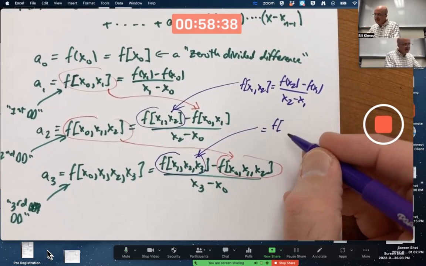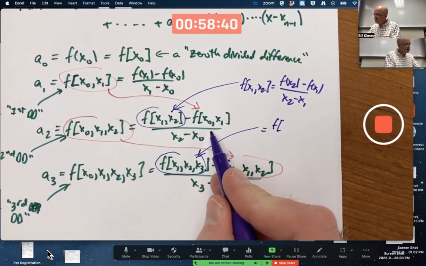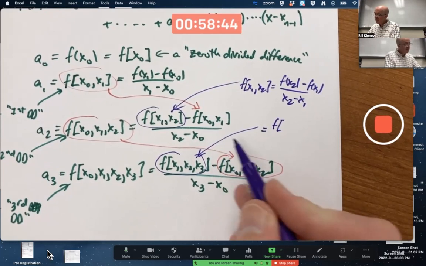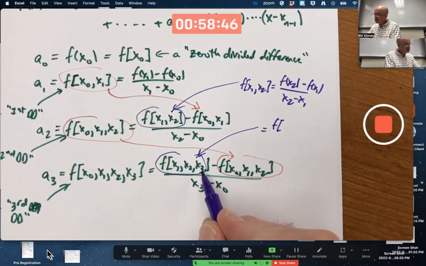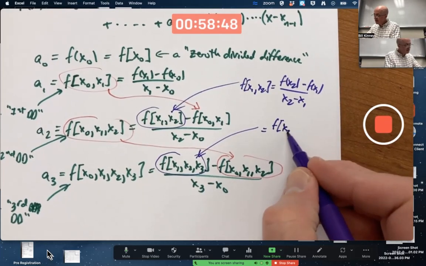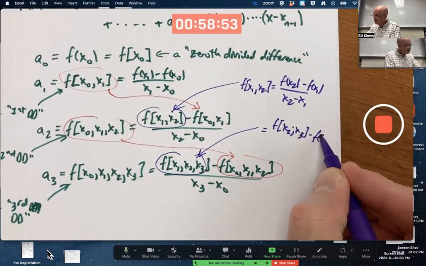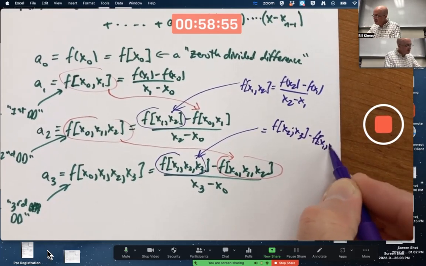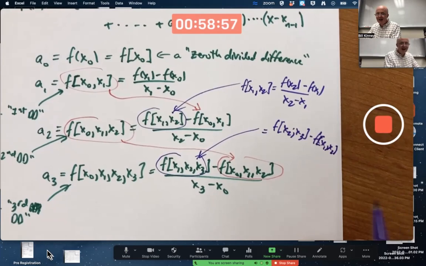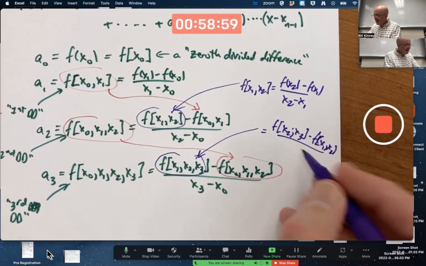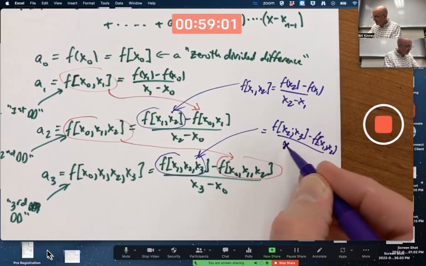Let's see, it'd be analogous to this kind of formula. It's a divided difference of second divided differences, but the labeling changes. It's going to be f of x2, x3 minus f of x1, x2, all divided by x3 minus x1.